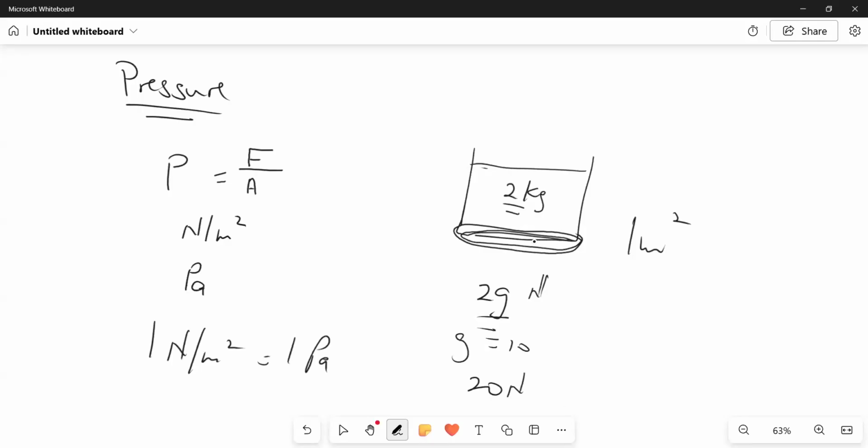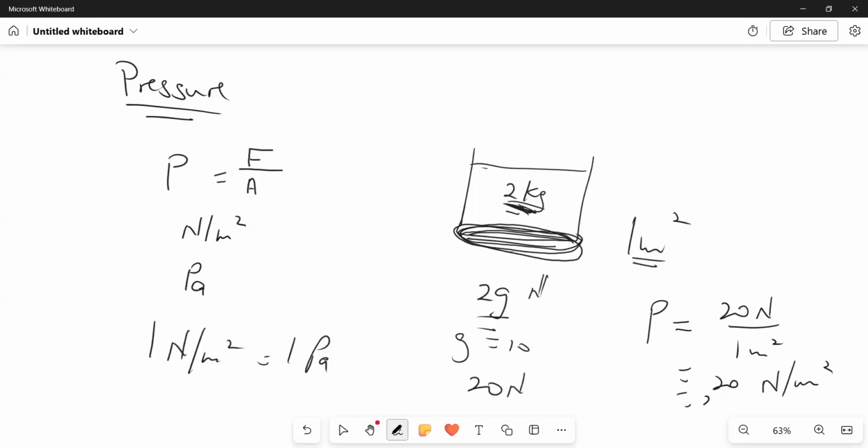So the pressure exerted by this fluid, if the area that it's occupying at the bottom is 1 meter square, is going to be 20 newtons over 1 meter square, which is 20 Newton per meter square, or 20 Pascal.